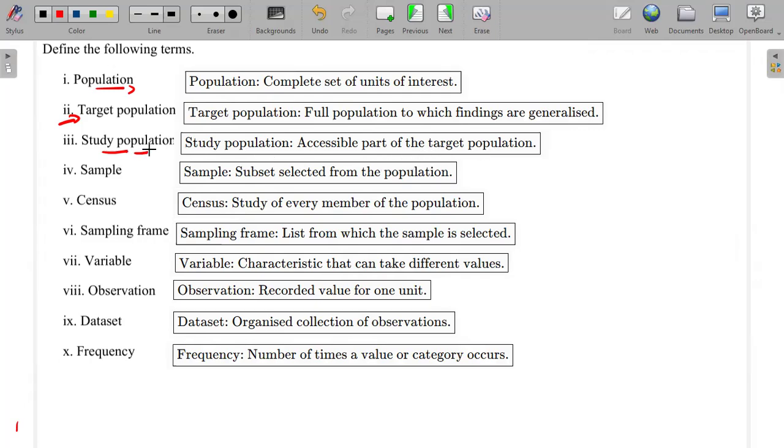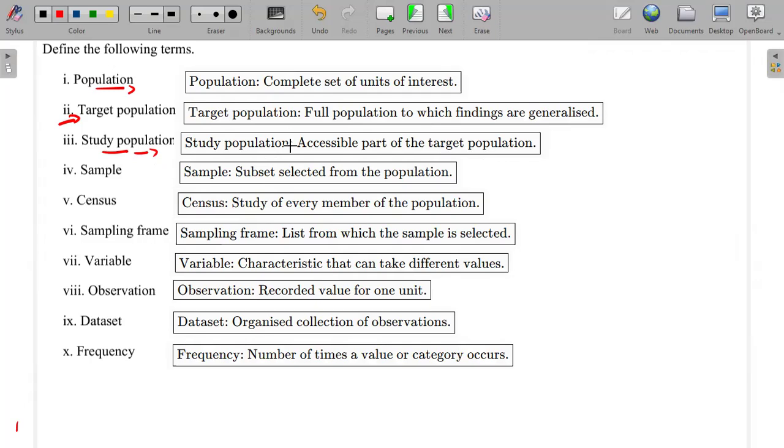That's what we call the study population. An example: say there's a researcher who wants to study hypertension among adults in Zambia.